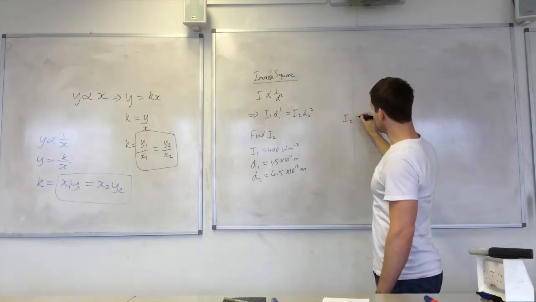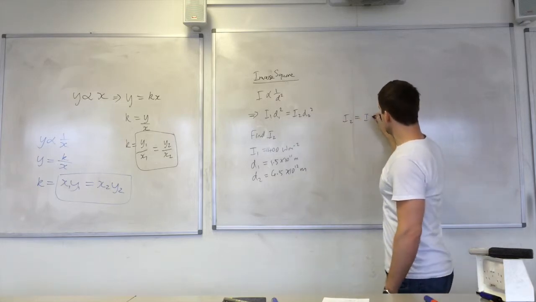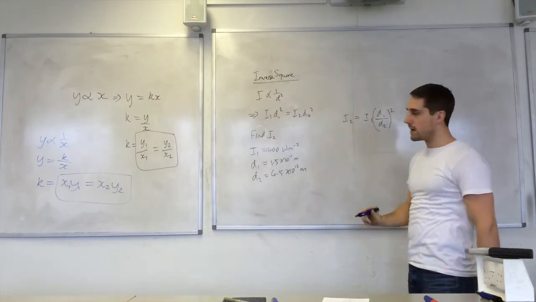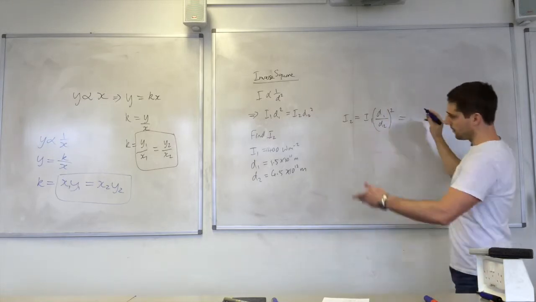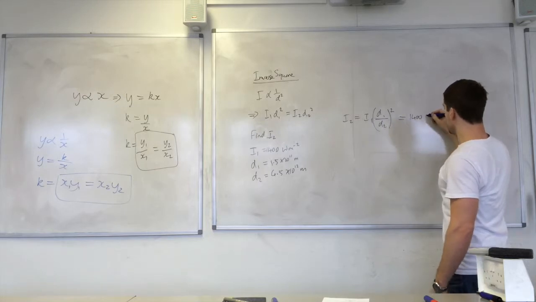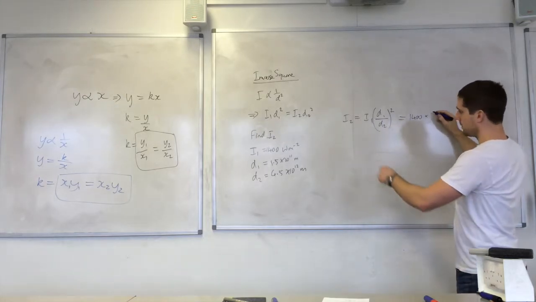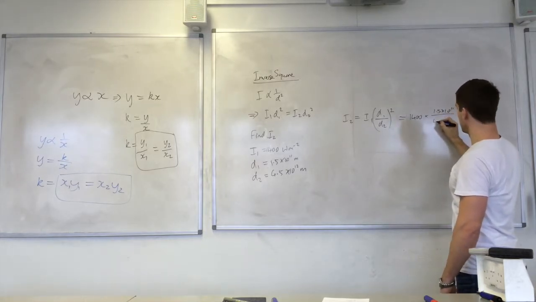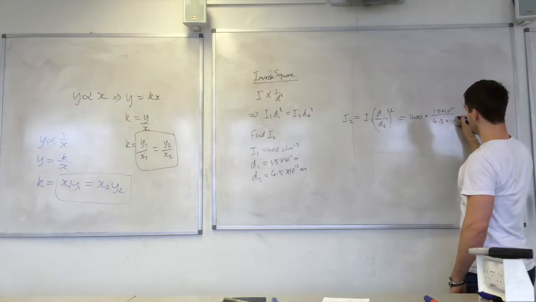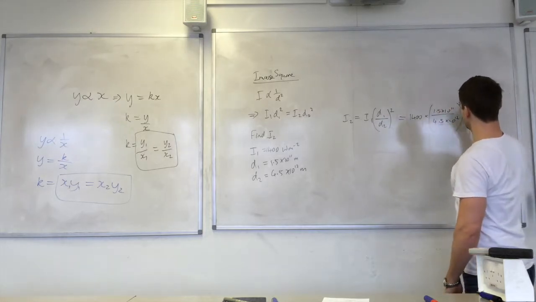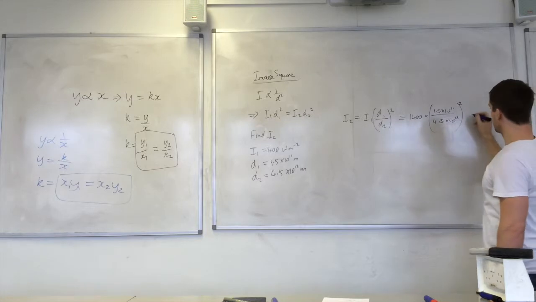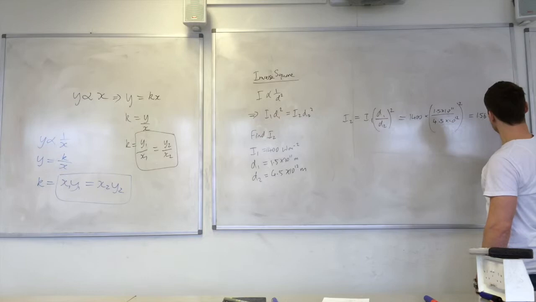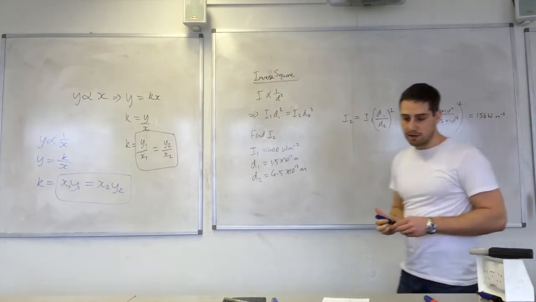So we'll rearrange that. I2 is equal to I1 multiplied by D1 over D2, all squared. So we put the values in now. 1400 multiplied by D1, which is 1.5 times 10 to the 11, over 4.5 times 10 to the 12. That one needs to be squared, and that will come out as 1.56 watts per square metre, and that's how you solve it.